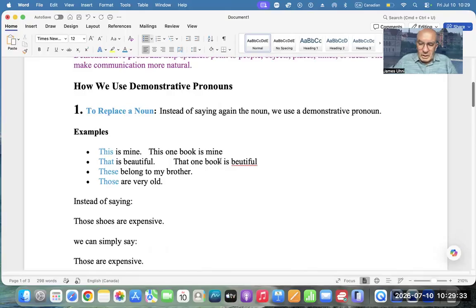This one toy is beautiful. These belong to my brother.